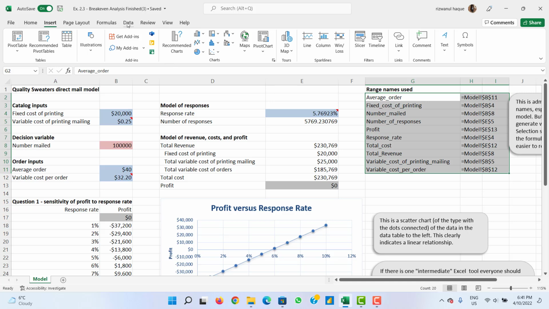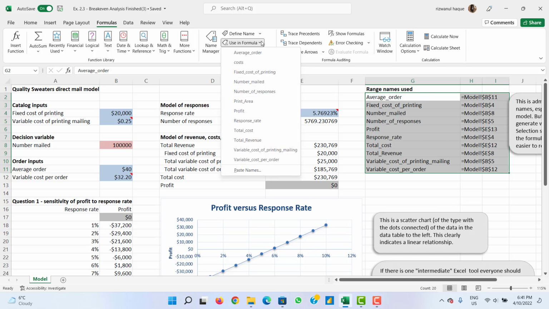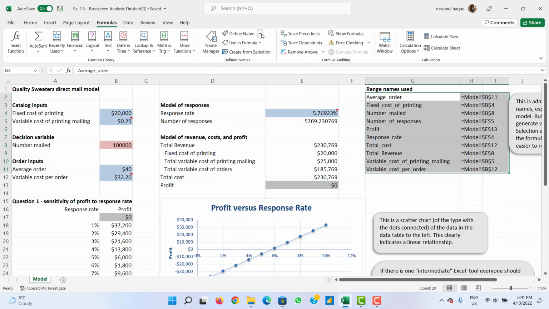I created these formulas and these names: variable cost of printing, variable cost per order, total revenue, and there is Define Name. I just click on it and click Define Name, Apply Names. In my last video, I showed everything.